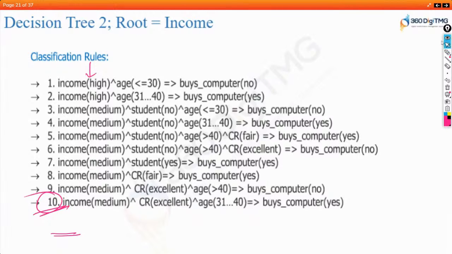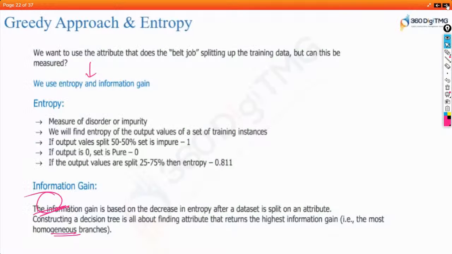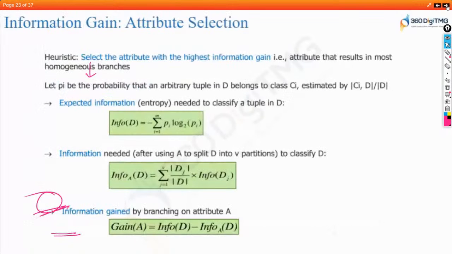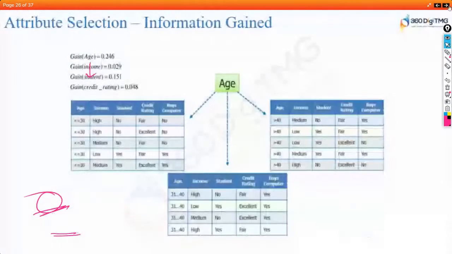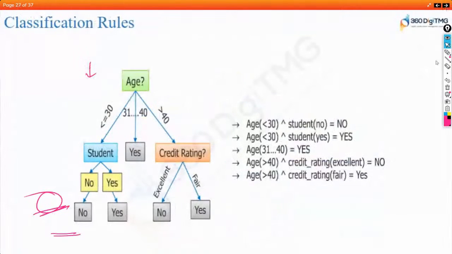So we have to identify what is that tree. Let me show you. What is that tree which gives us the least number of rules? If you observe here, I have only 1, 2, 3, 4, 5 rules generated when I started with age and used student and credit rating in between.